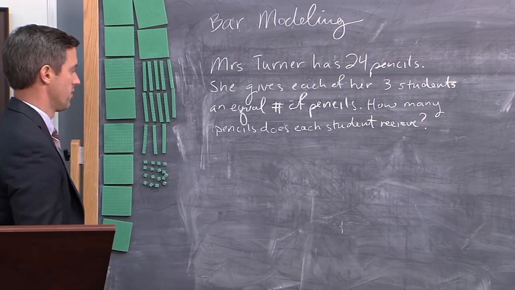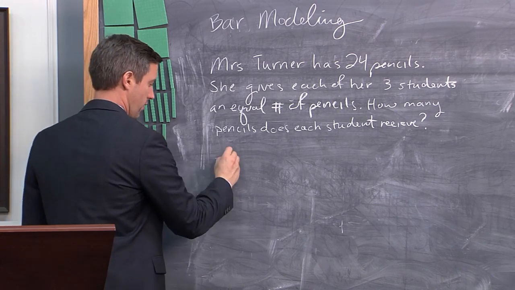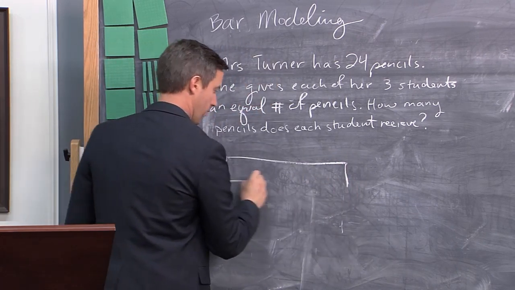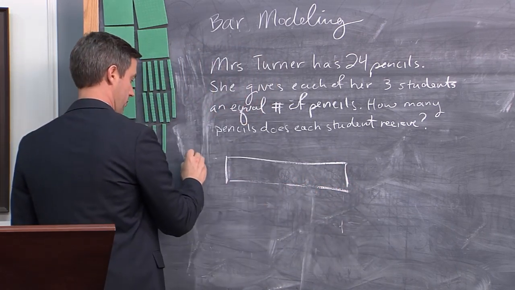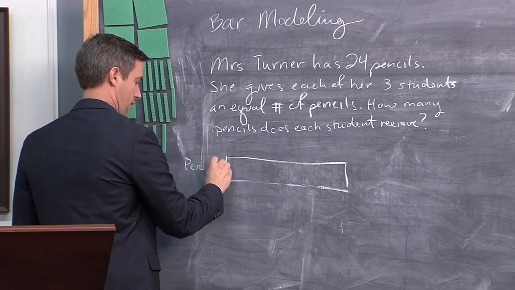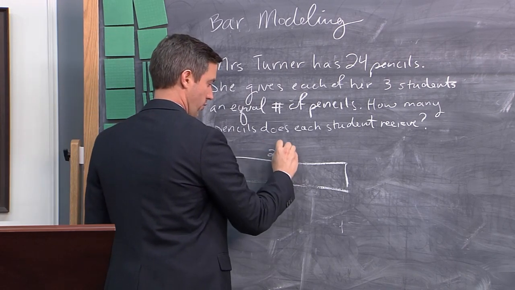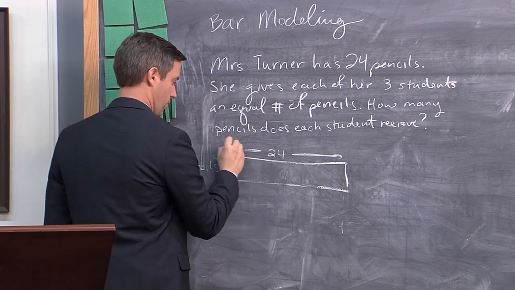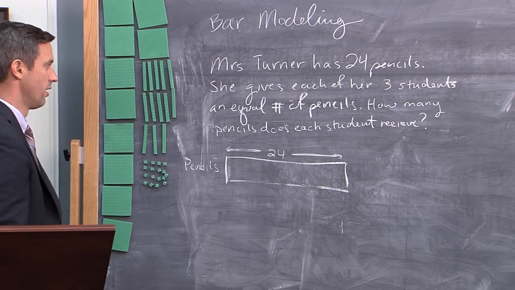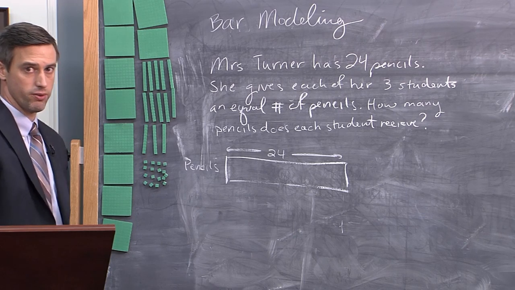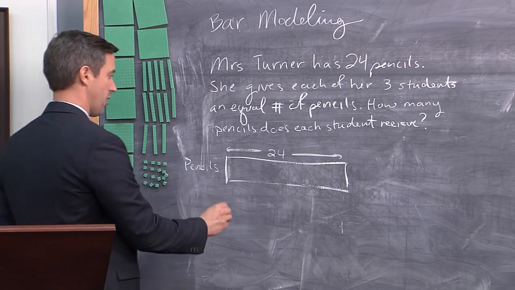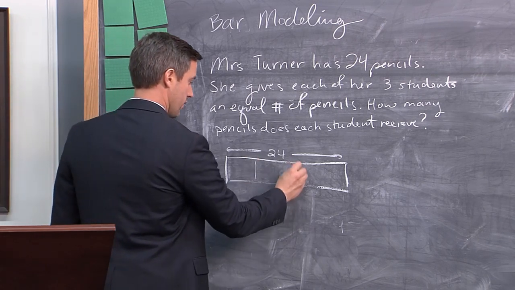Okay, so we know Mrs. Turner has a quantity of 24 pencils. These are pencils. You know your total, 24. She gives them to 3 students, which means we're going to break this bar into 3 equal quantities.